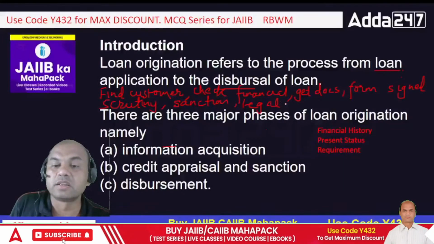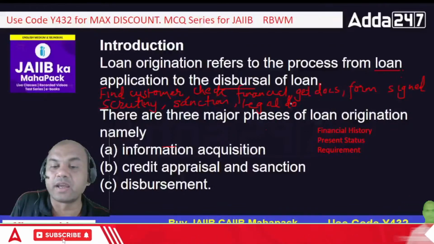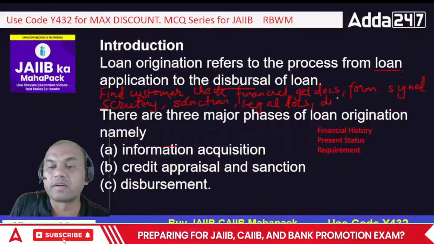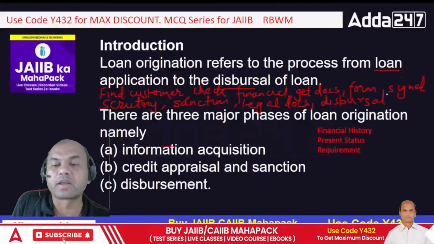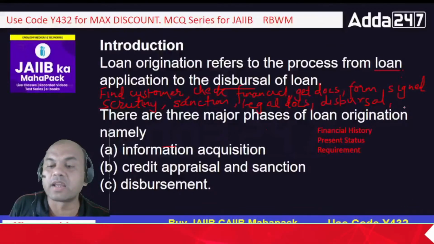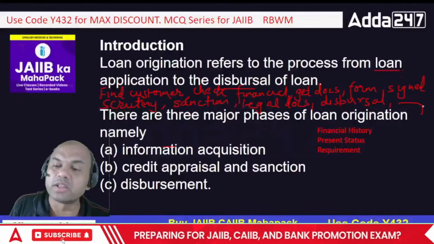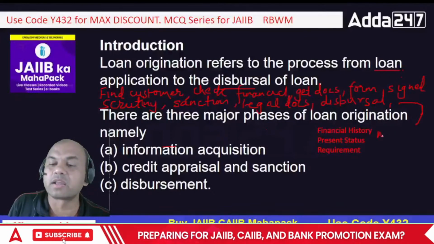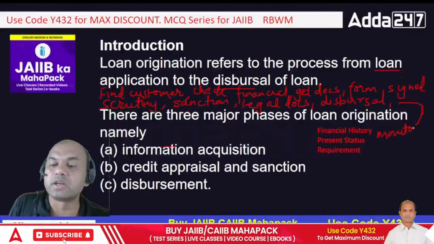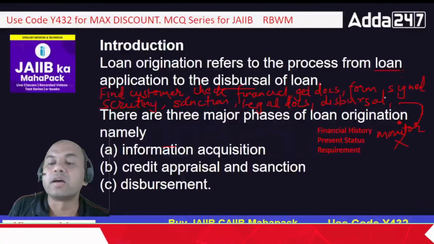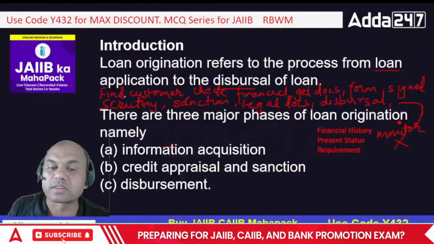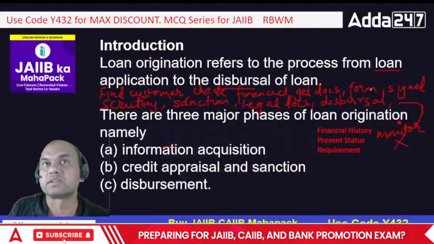And then in the end we have this disbursal. But after disbursal what happens? After disbursal we have monitoring. Okay, so monitoring is not a part. So this is not the part of loan origination. Besides this, everything is a part of loan origination.